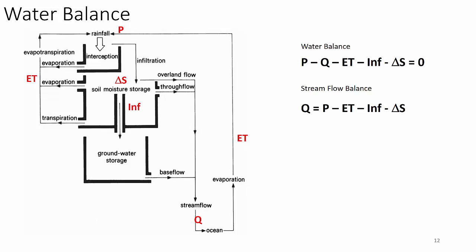That leads to infiltration and through flow, which leads to stream flow, groundwater storage, which leads to base flow, which leads to stream flow, Q, and that change of storage in the soil, above the soil, and to a lesser extent in groundwater. And then all of this also evaporates in the meantime. Stream flow goes to the ocean, and it's evaporating all the while.